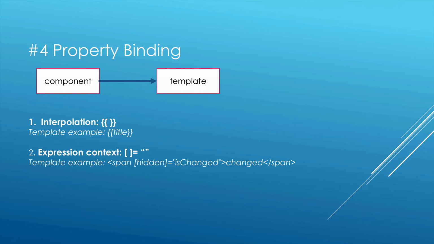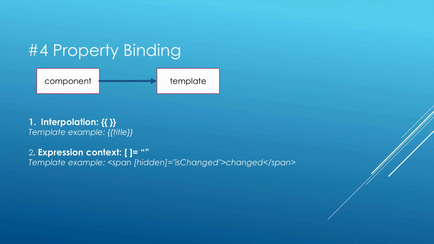Another way to do property binding is through expression context. Basically, the syntax is square brackets equal to double quotes. For example, in the component, you have a variable defined as hidden, and the value can be changed.